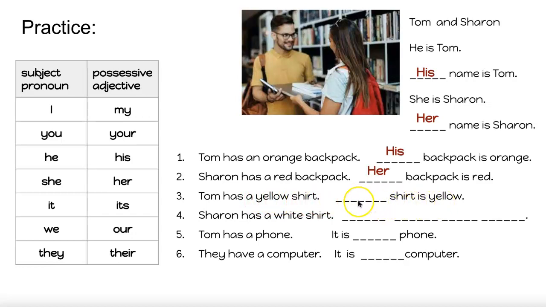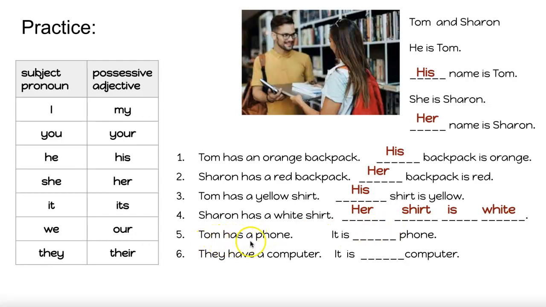Shirt is yellow. What is missing? Possessive adjective. His shirt is yellow. How about number 4? Sharon has a white shirt. Her shirt is white.